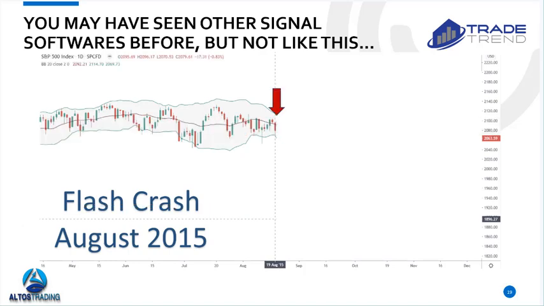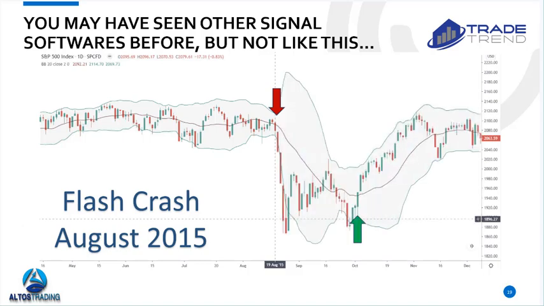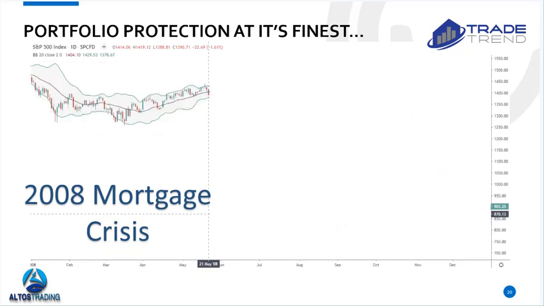These are just some examples from major market events, like the flash crash of August 2015 and the sell warning before the market tanked, obviously very quickly over the course of 4 or 5 days, and then the double bottom with a nice buy signal in early October.